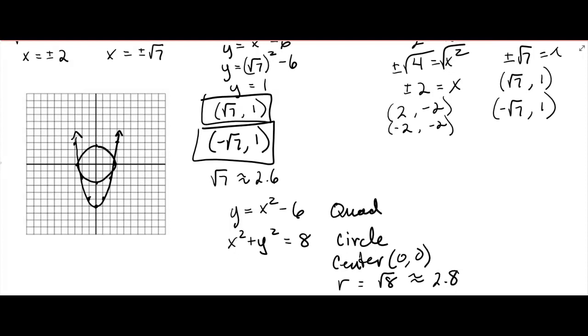Now, where are those points? Well, 2, -2. So 2, -2 is right there. Okay, I can see my circle's probably off. -2, 2. That one looks pretty close.